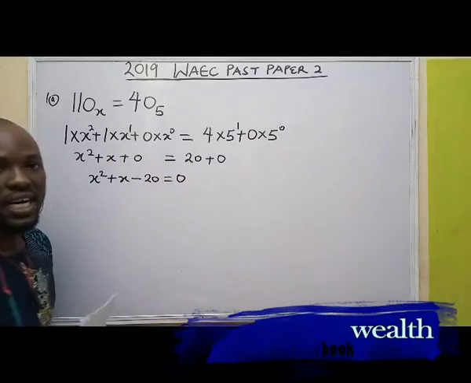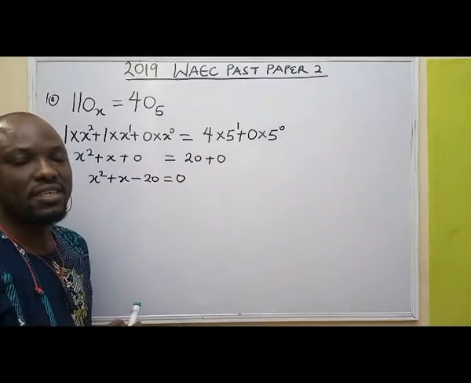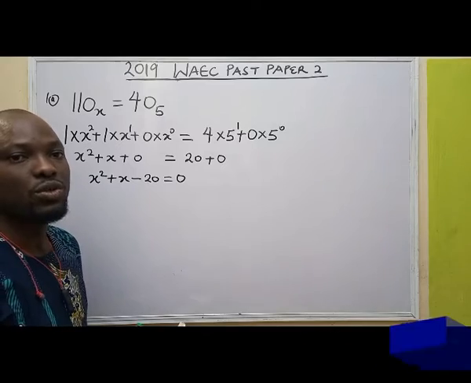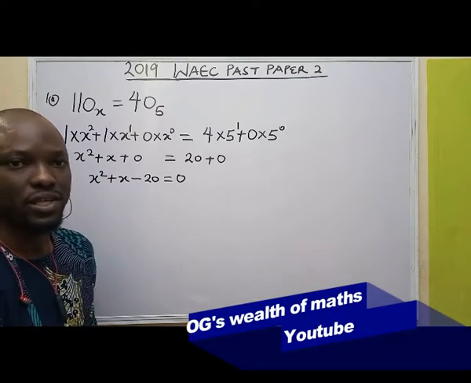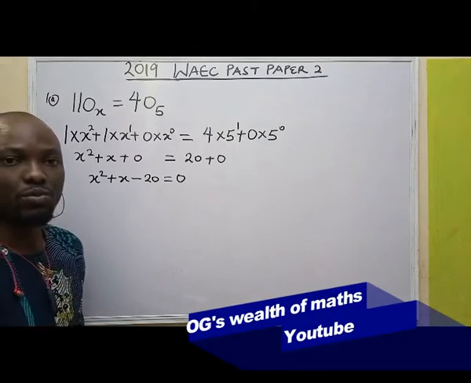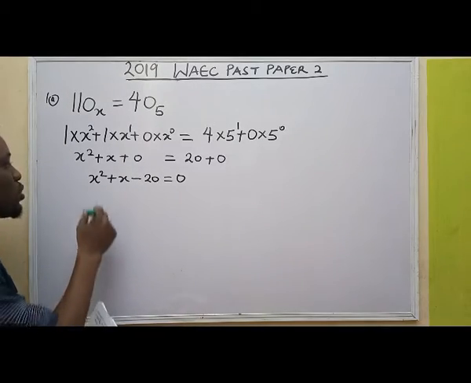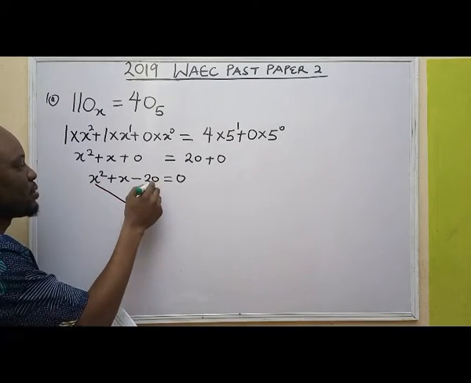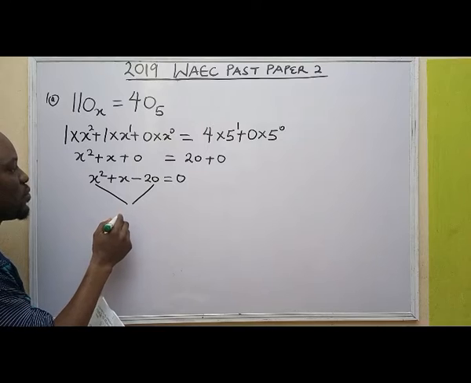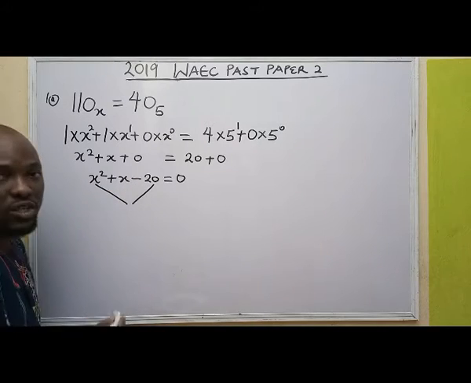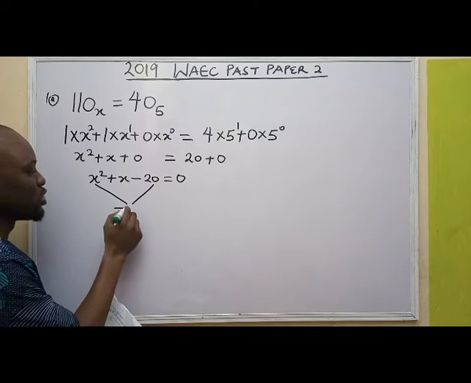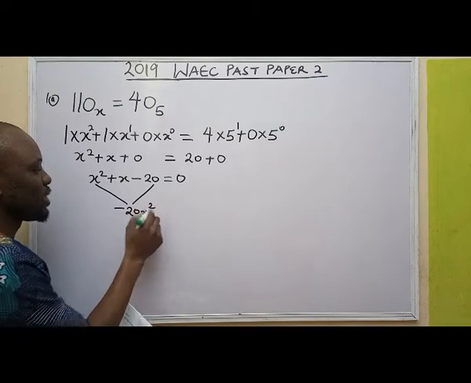0. Now I have a quadratic equation, so I'm going to solve the quadratic by factorization. So I'm going to multiply the first term by the last term. If I do that, x squared times minus 20, I'm going to get minus 20 x squared.